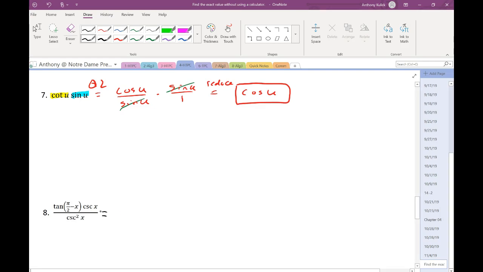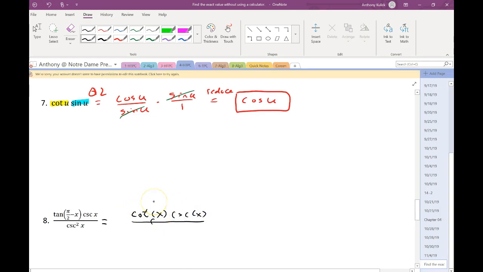Specifically, I want to use that tangent of pi over 2 minus theta is equal to cotangent theta, or cotangent x in this case. So this is, call that C6.